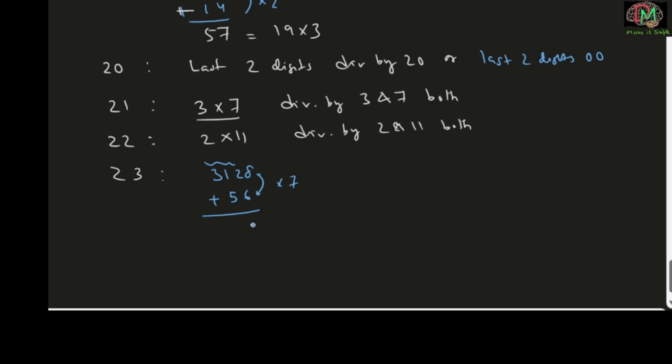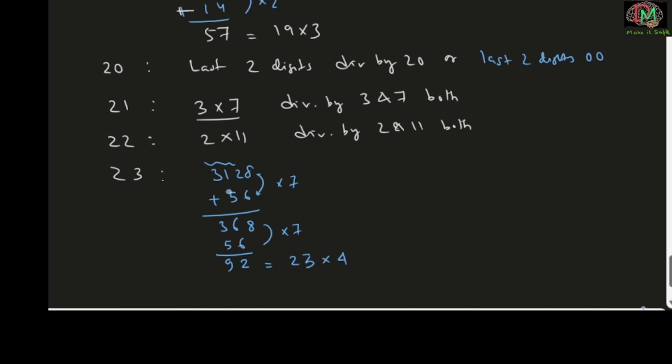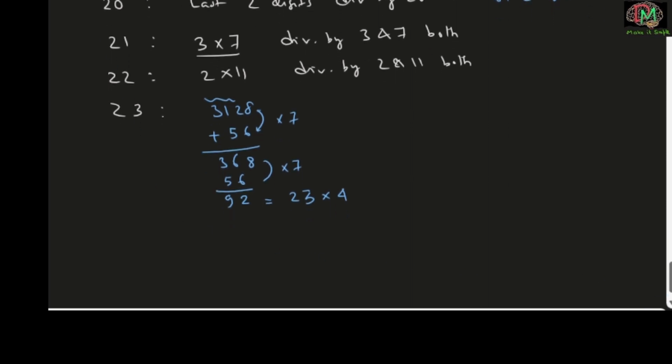So it will be 312 plus 56, which is 368. Again we multiply the last digit 8 by 7 and get 56, add 36, and we get 92, and 92 is divisible by 23. You can say that 3128 is divisible by 23.